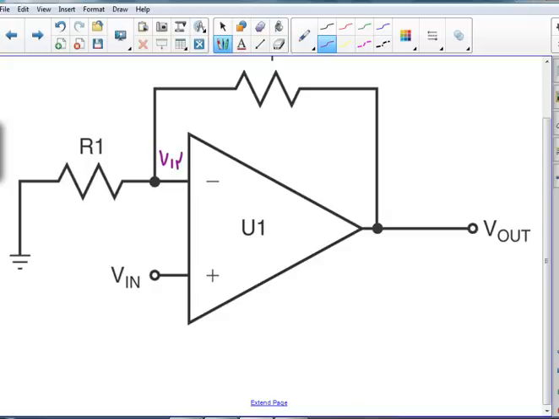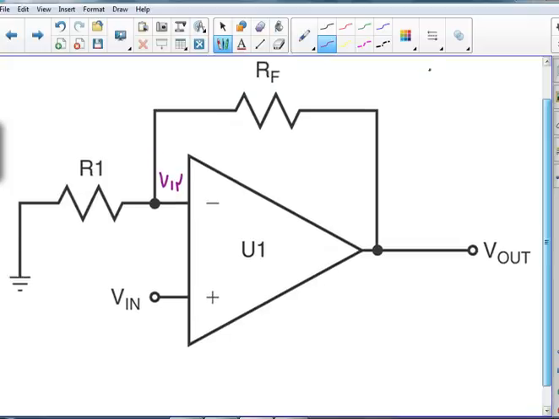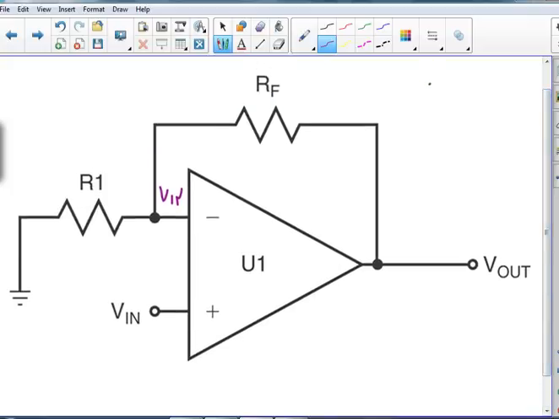I have 0 sitting down there, so what's my current through this guy? My current's going to be going that way, right? Because this is at a higher voltage than ground is, and my current's going to be Vn divided by Ri.